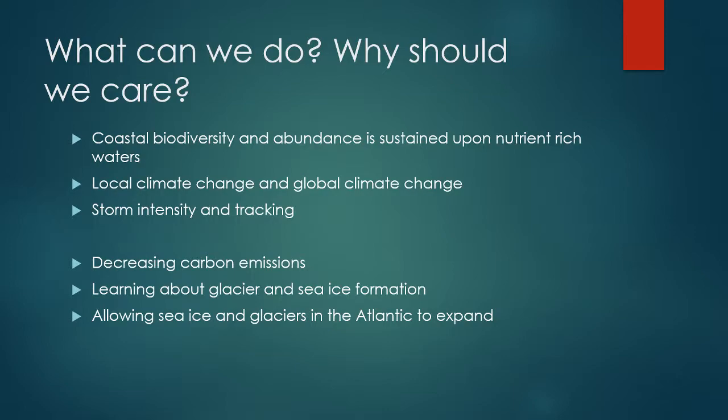Another thing that would become important to discuss is storm intensity and how we track them. If thermohaline circulation were to change and deep water formation were to decrease, the potential for storms to sit in slower moving surface ocean currents in the North Atlantic is a huge factor that could lead to massive storms forming.